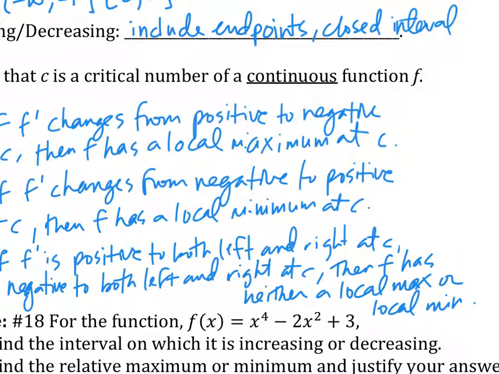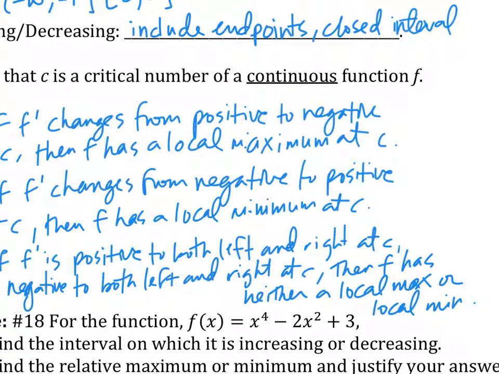So if the sign doesn't change, then you don't have a local max or min. The direction has to change. It bounces for the derivative, but the original function just continues going.